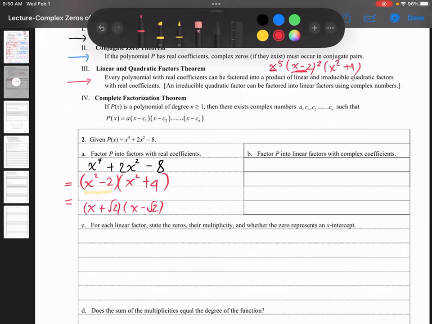Remember a squared minus b squared? So a is x, b is root 2. And now I bring down the x squared plus 4. The reason I'm stopping here is because they want real coefficients.